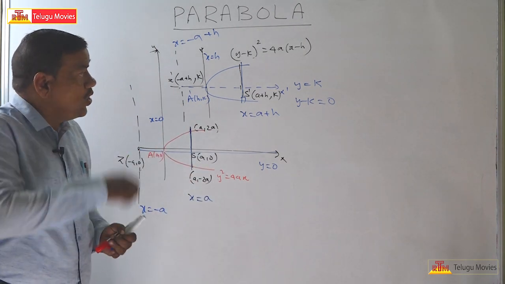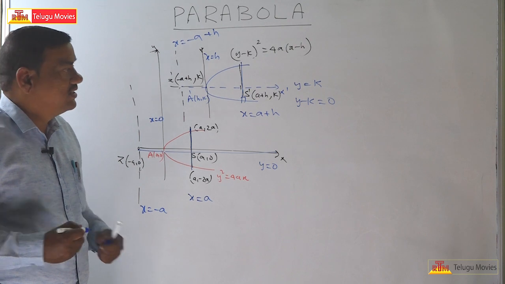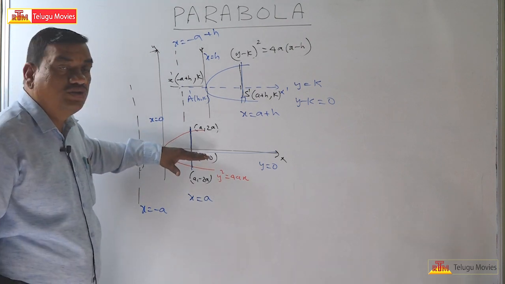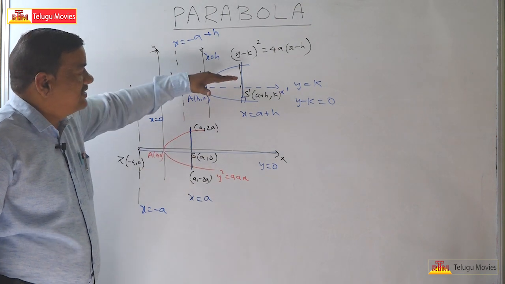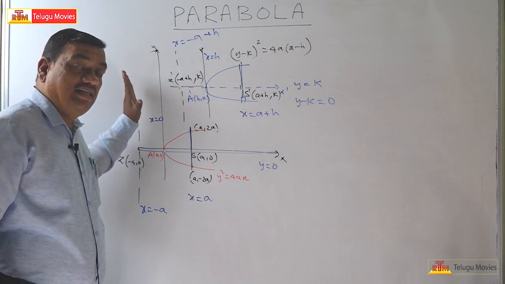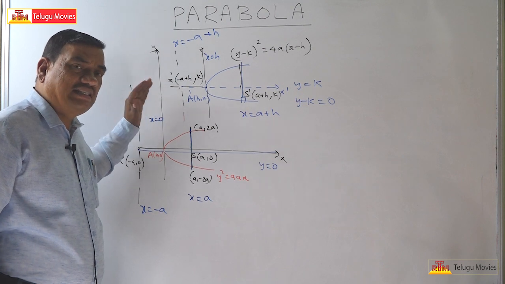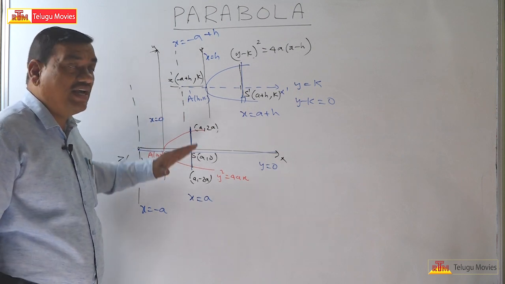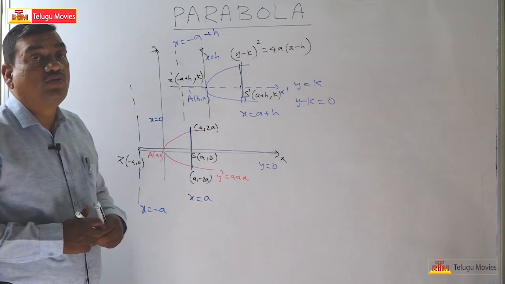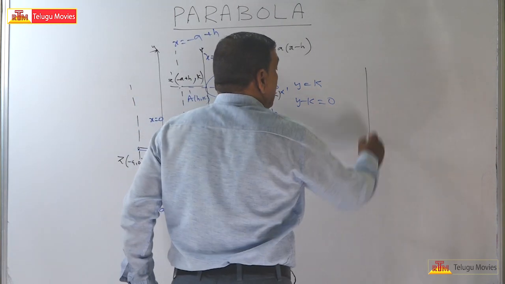Okay. Now the question arises. This is a parabola whose axis is the x-axis, or parallel to the x-axis. The axis is either parallel to the x-axis or the y-axis. We know that, I explained that. But there are certain parabolas whose axes are different.